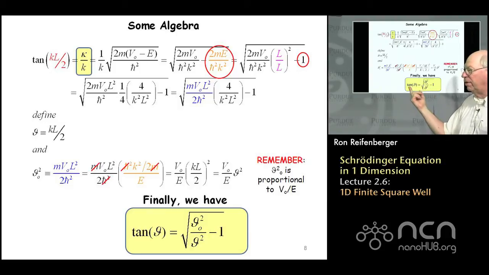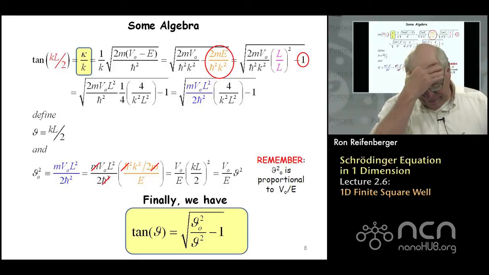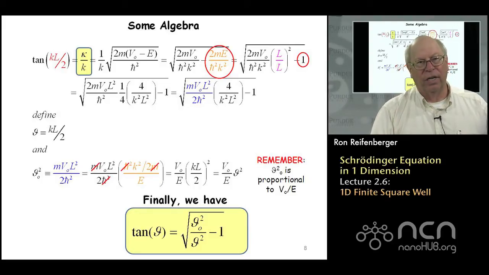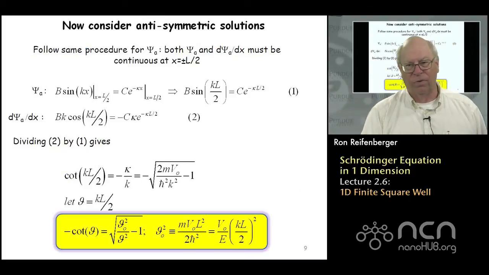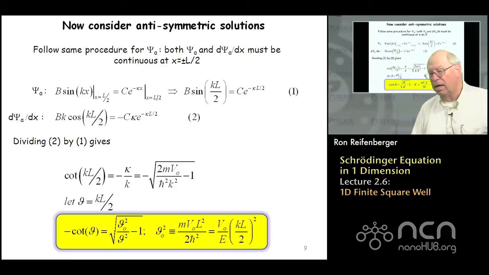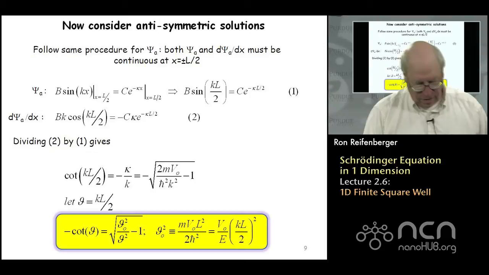So now theta appears on both the left and right hand side of the equation that we're trying to satisfy. This is the approach for the symmetric solution. There's an exactly analogous approach for the anti-symmetric equation. The only difference is that instead of tangent functions, we have cotangent functions, but the form of the equation that must be satisfied is exactly the same as for the symmetric solutions.